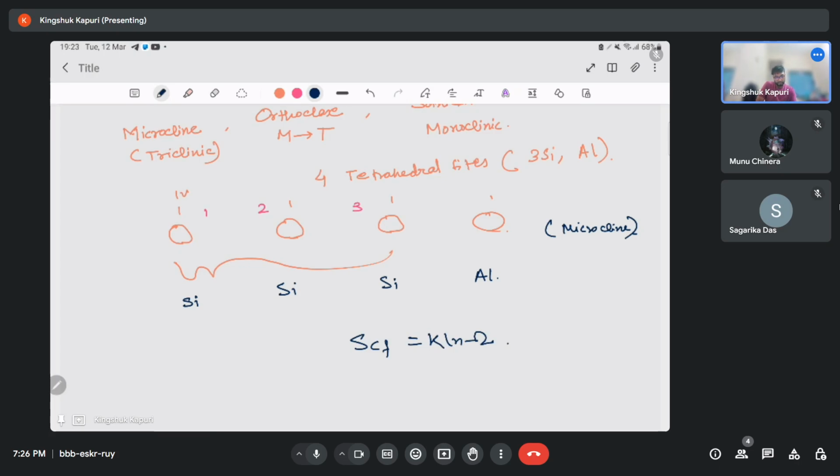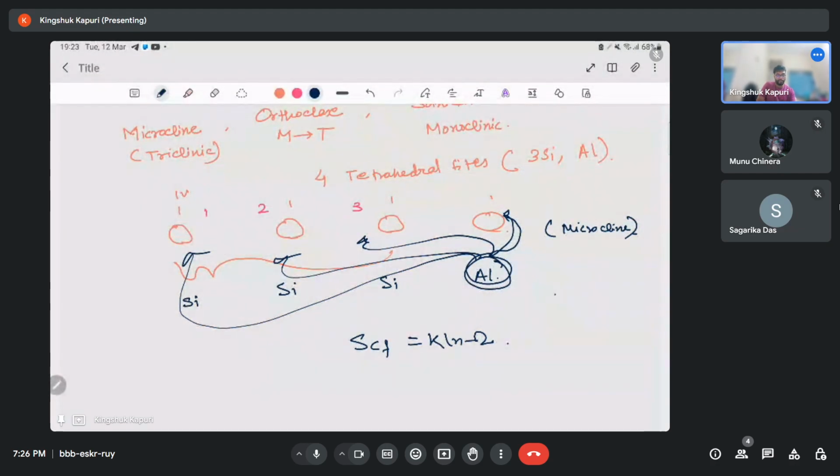This aluminium will try to incorporate in this site. If you want, you cannot make this aluminium go into this or this or this site. So this aluminium will be restricted and will incorporate into this one particular site, which is fixed. So the number of sites for this, let's say, is 1. This aluminium can enter only this one particular site.